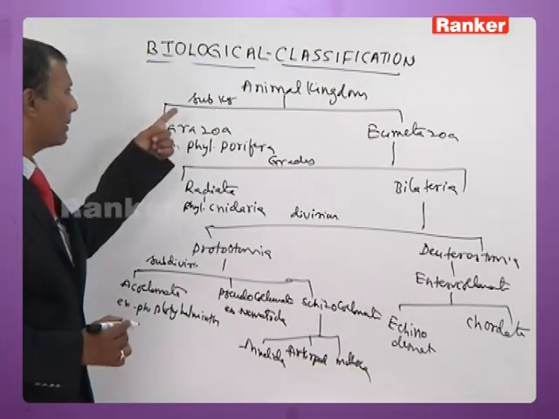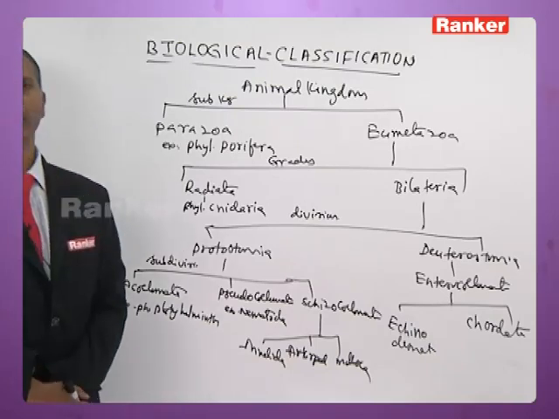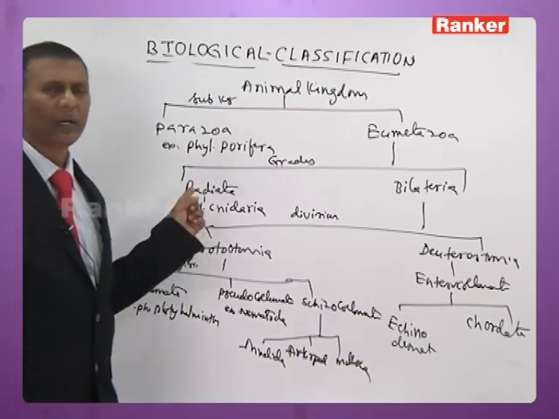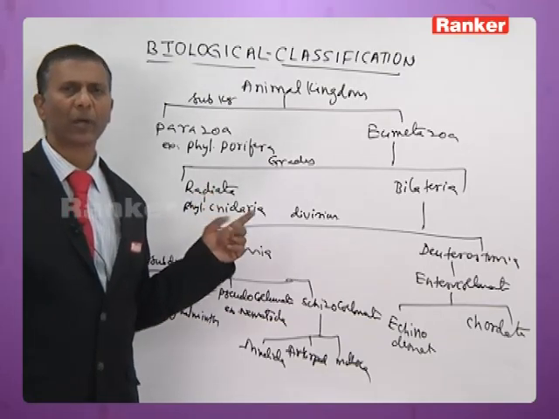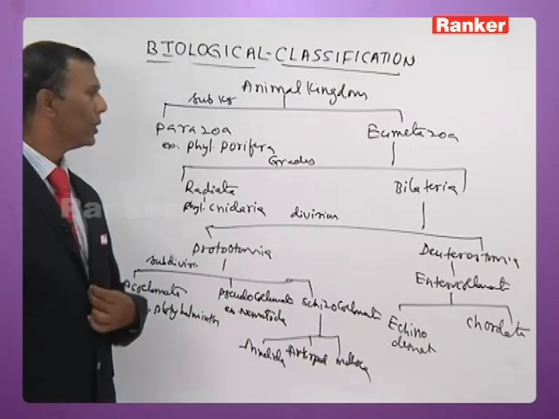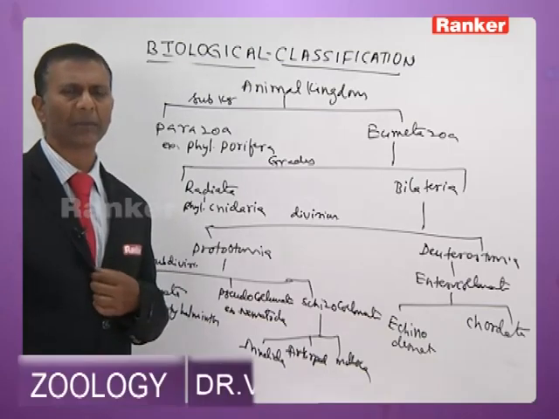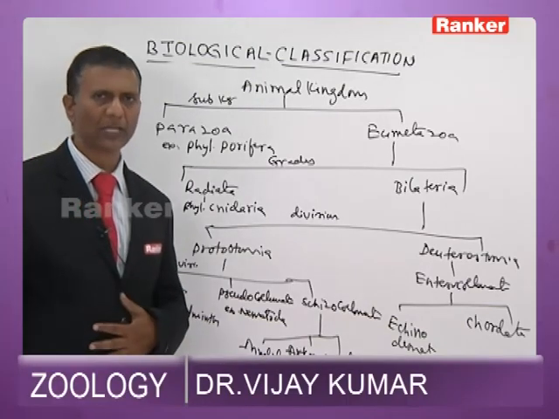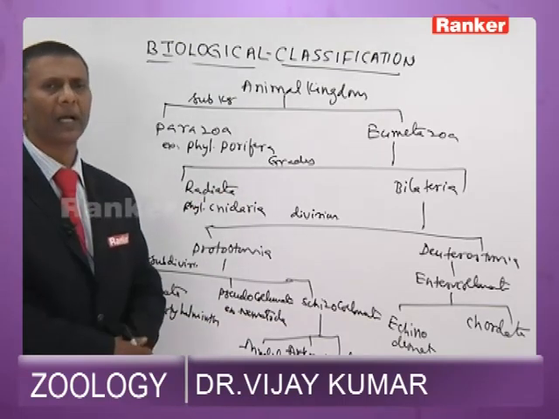The animal kingdom is divided into 2 subkingdoms, Parazoa and Eumetazoa. Parazoa has an example phylum Porifera, which are also called blind offshoot of the evolutionary ladder because of several characteristics. Then Eumetazoa, with tissue grade or organ system grade of organization, are true metazoans. Eumetazoa is divided into 2 grades, Radiata and Bilateria.